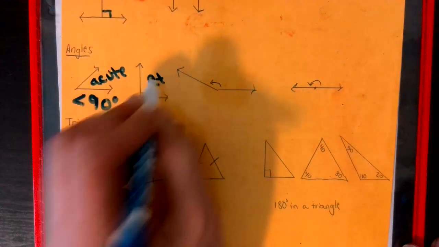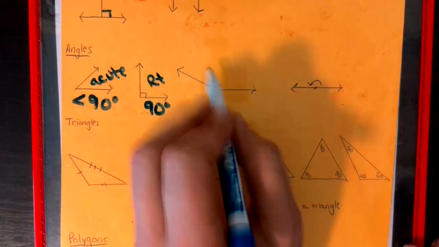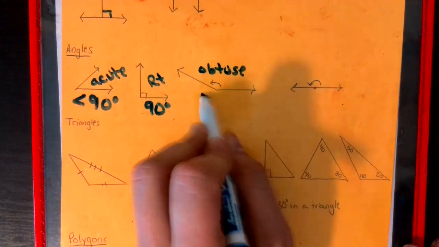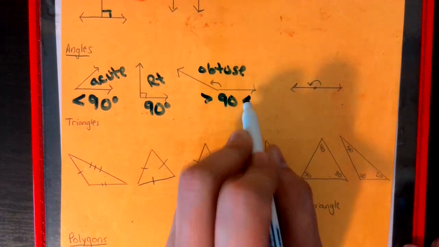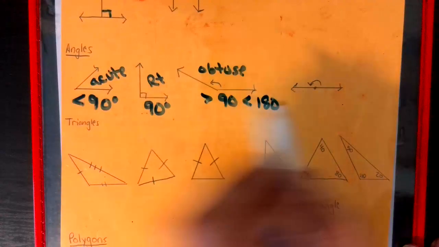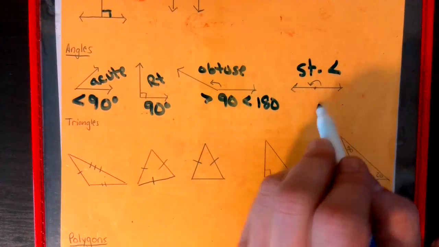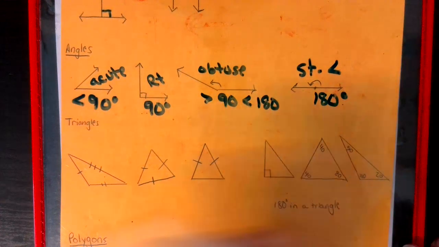I'm just going to put RT. It has a 90-degree angle, exactly 90 degrees. This is considered obtuse. Obtuse angles are greater than 90 but less than 180 degrees. And this is considered a straight angle, and a straight angle is exactly 180 degrees.